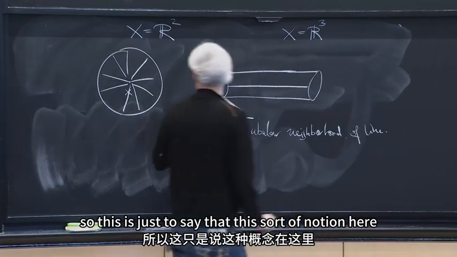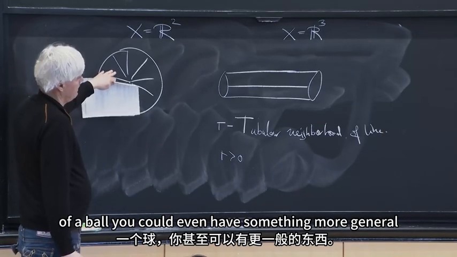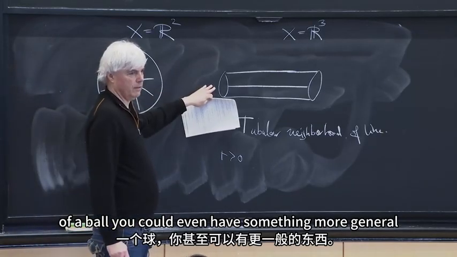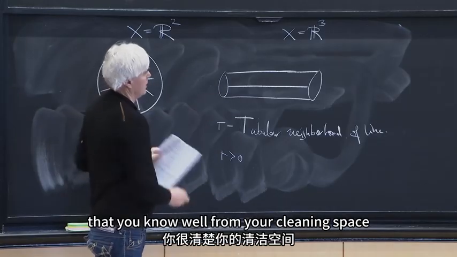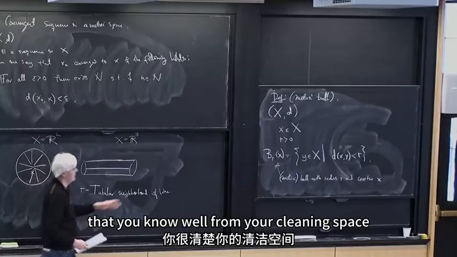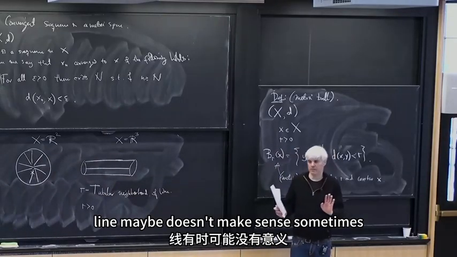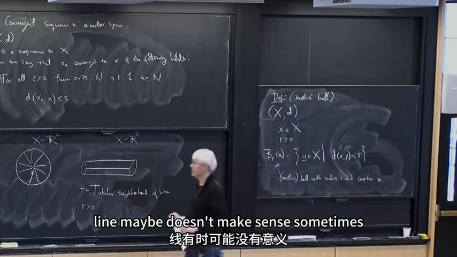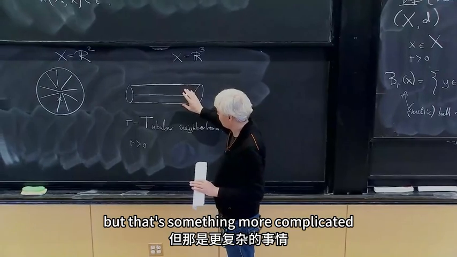So this shows that the notion of a ball can be generalized. Both of these things that you know well from Euclidean space make sense in a general metric space. A line maybe doesn't make sense, though often it does, but that's more complicated.